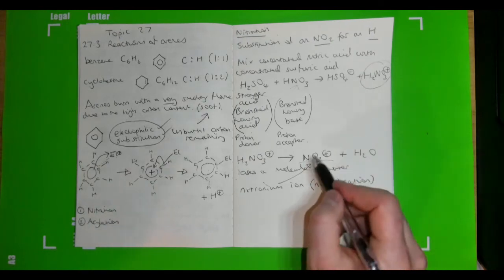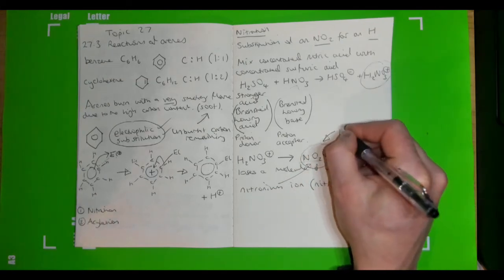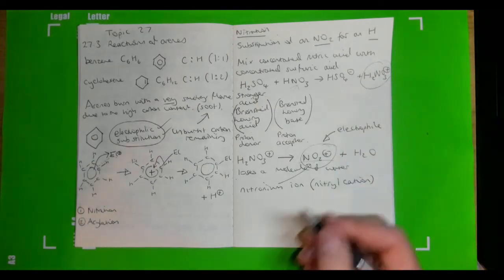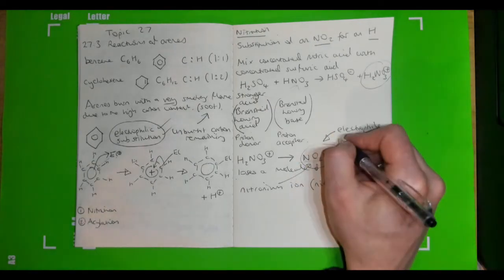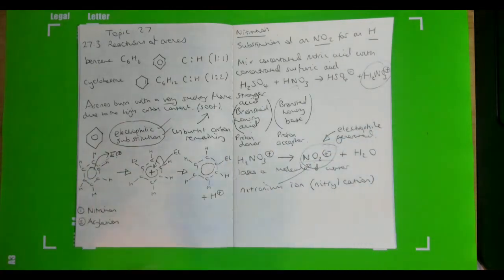And that is your electrophile in the next bit of the reaction. So we've actually generated the electrophile. I haven't even seen a benzene ring yet in this particular chemical reaction.